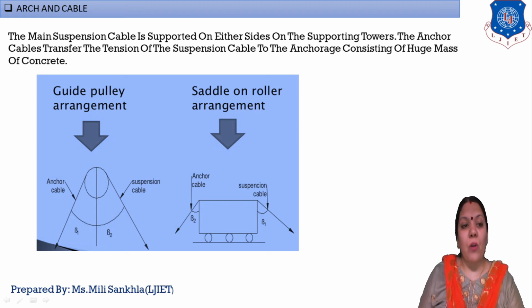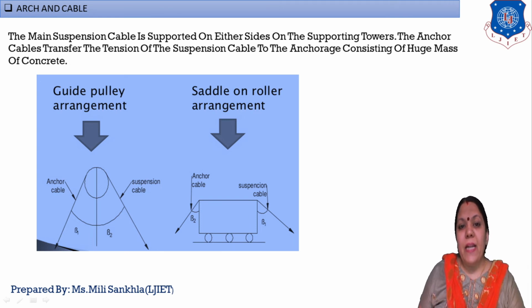Clear? Now the first arrangement is for the guided pulley and the second arrangement is for the saddle on roller. One by one, this is the guided pulley and this vertical is our supporting tower. This supports the suspension cable, and on the left hand side the anchor cable is provided. The angles here are beta 1 and beta 2.